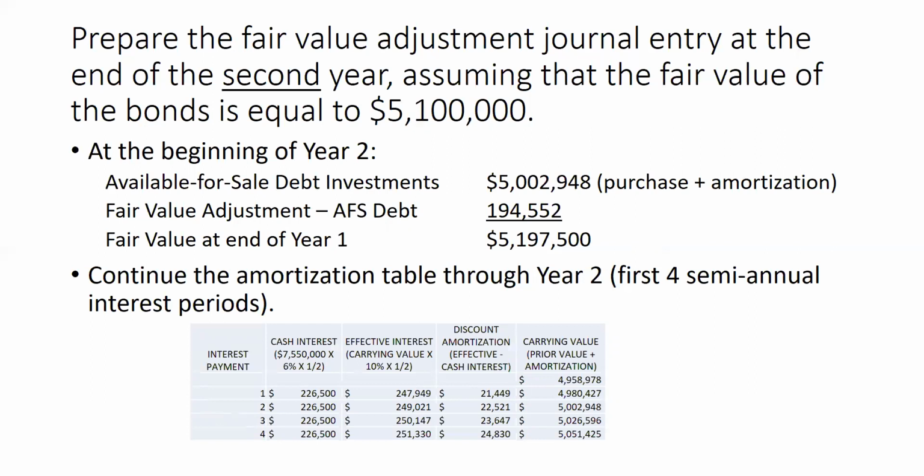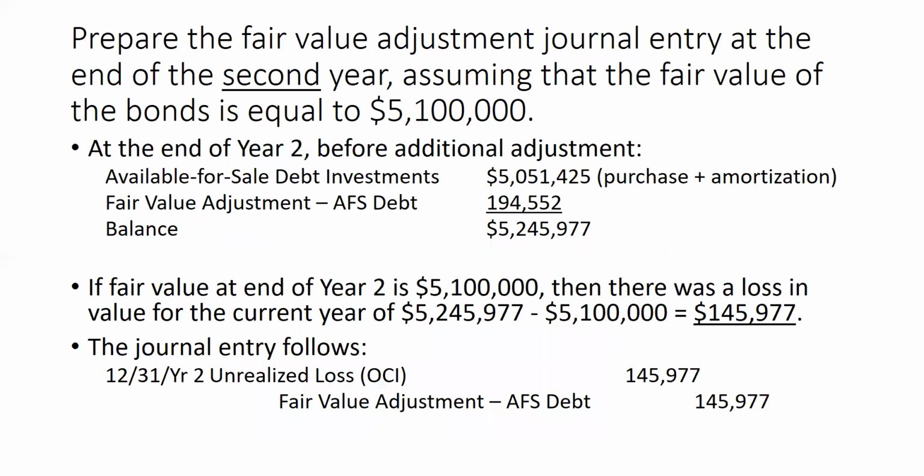We also need to continue the amortization table through year 2, which is the first 4 interest periods. Take a look at the value in the bottom right-hand corner, $5,051,425. So before we make any additional adjustments, we have the available for sale debt investment account at $5,051,425.